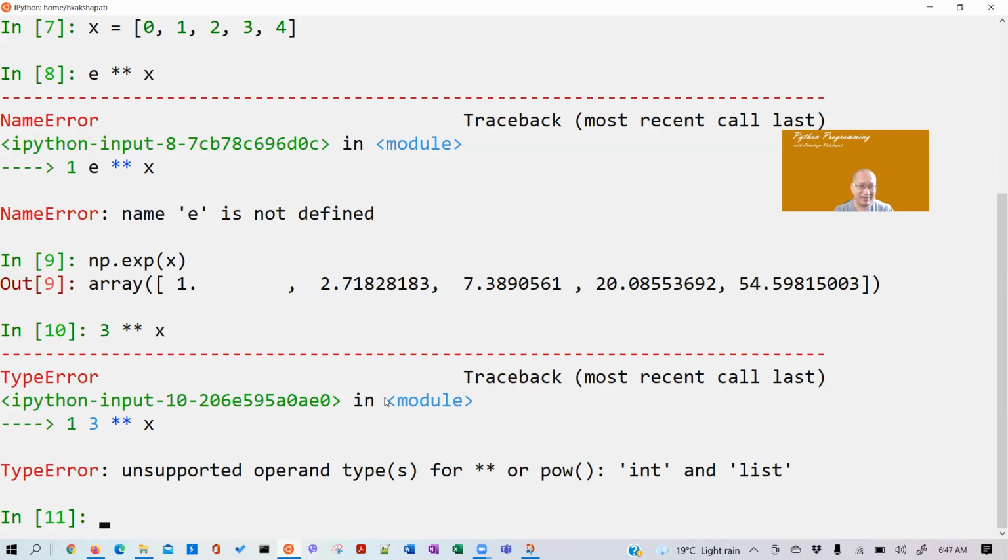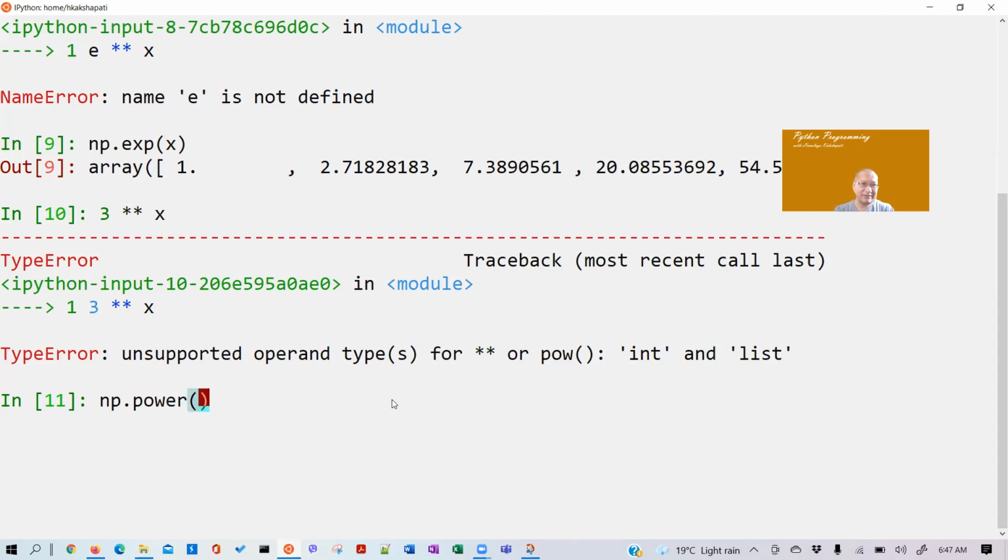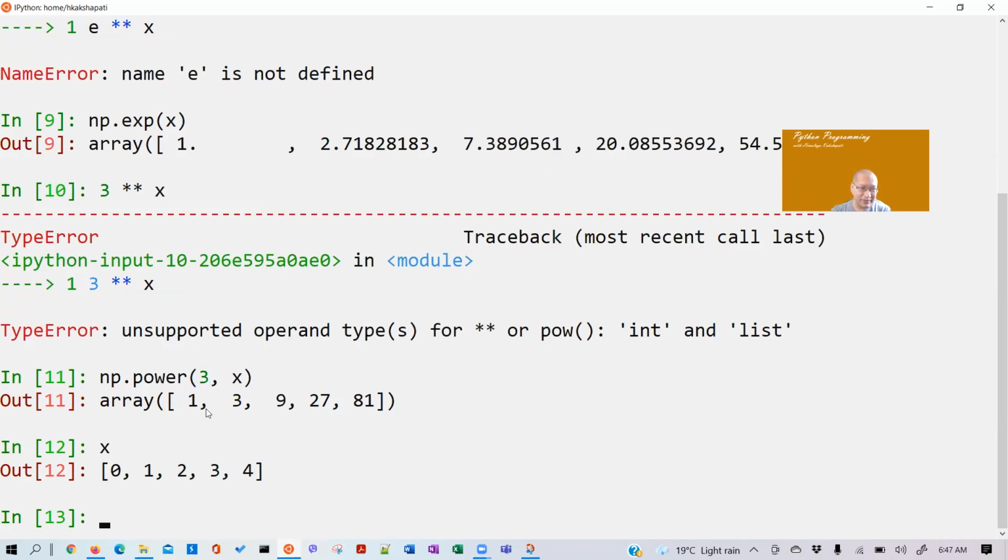It's an integer power. You can do 3 to the power x. 3 to the power 0 is 1, 3 to the power 1 is 3, and then 3 to the power 2, 3 to the power 3, and 3 to the power 4, right?